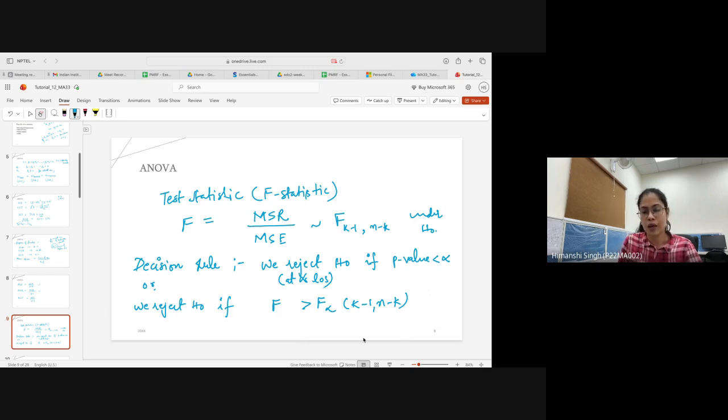In that table we have degrees of freedom like k minus 1 comma n minus k, and different values of alpha, with different combinations. From that table we can find this value. If our F is greater than that value for particular k and n, then we reject H naught, otherwise we accept at that level of significance.